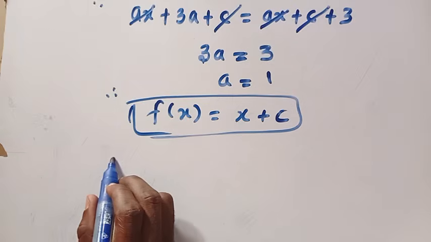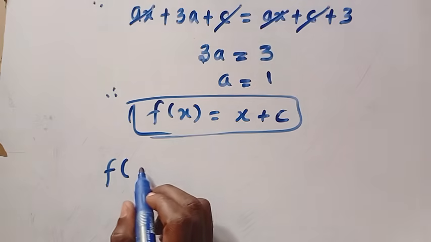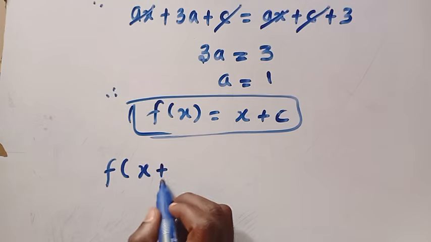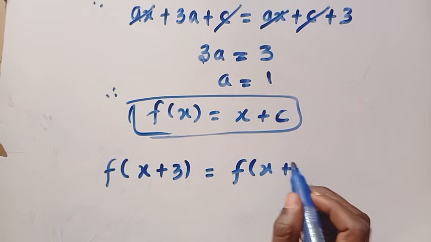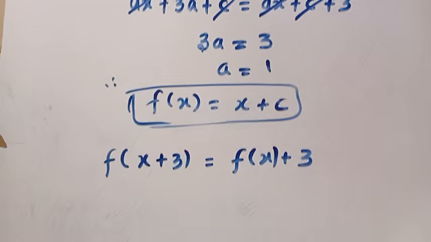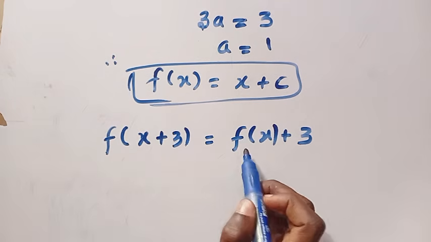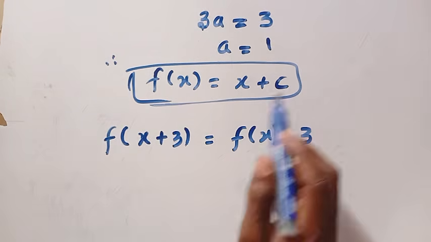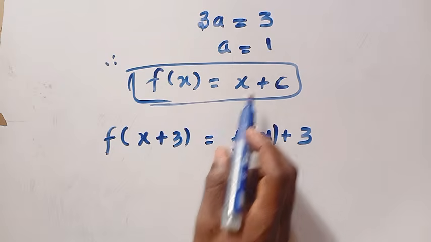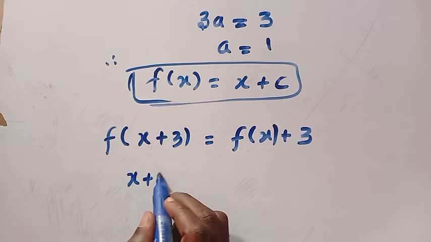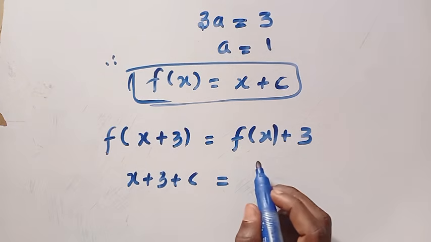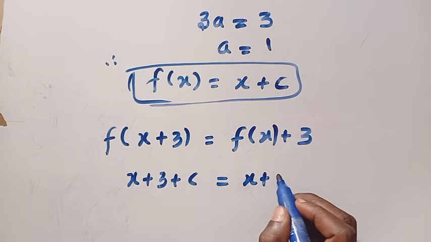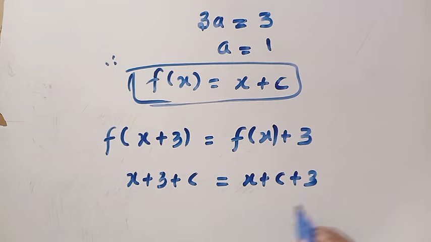Considering f(x + 3) = f(x) + 3, since f(x) is x + c, for f(x + 3) we just change it to x + 3 + c. On this side we have x + c + 3. Left hand side equals the right hand side, so this works.